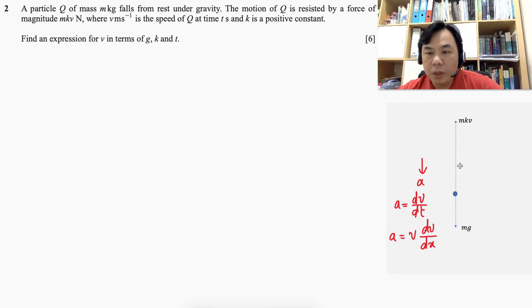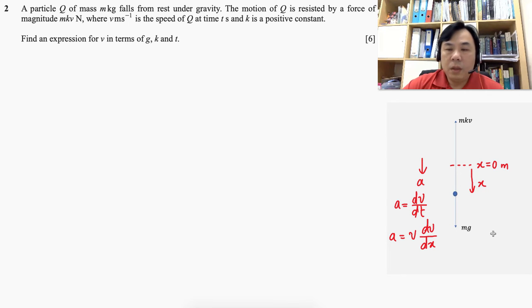Now bear in mind what is x. Let's assume that this is where the initial location is located, 0 meter itself, and since it has already moved x meters here, x is the displacement of the particle Q in this case after t seconds.